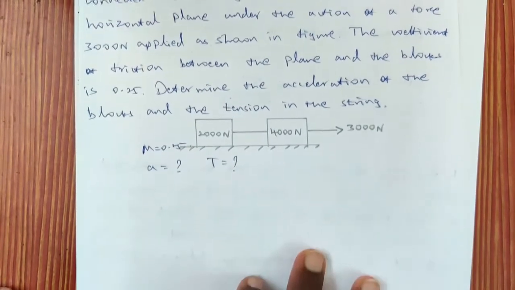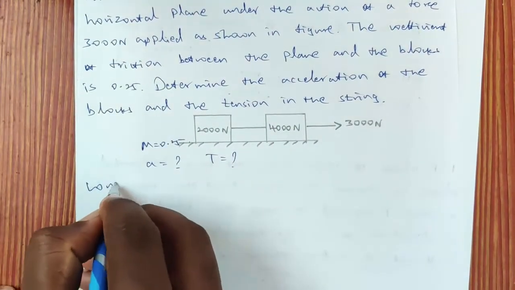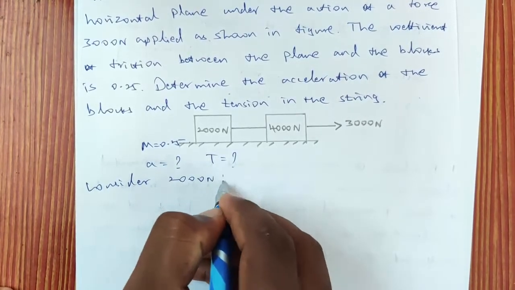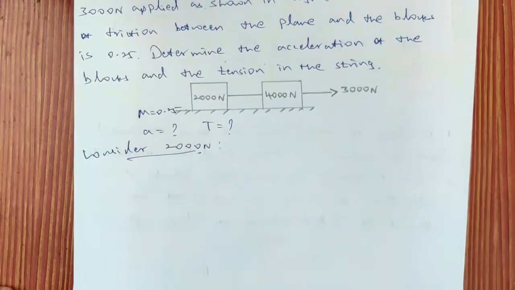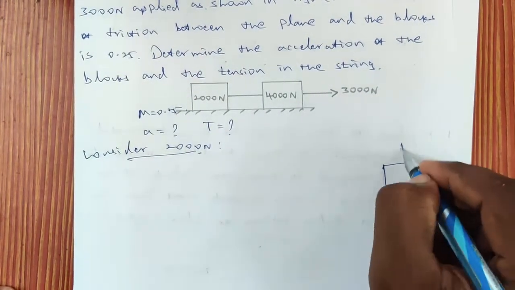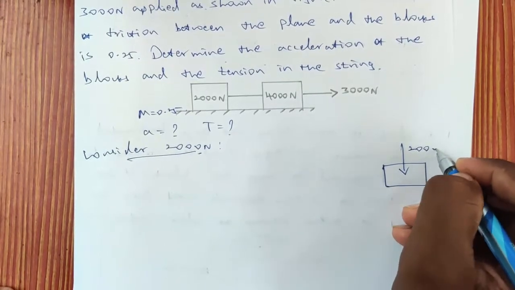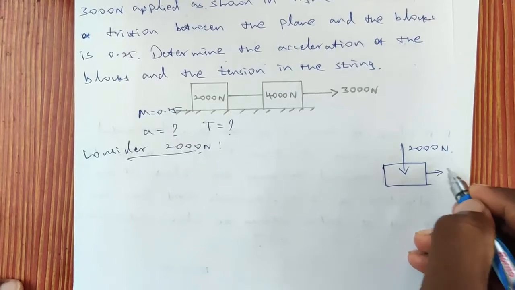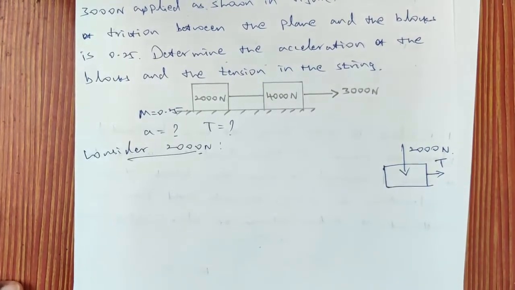Okay. So first let us consider the 2000 Newton block. So we'll draw the free body diagram. The weight 2000 Newton is acting in the downward direction. The tension T is acting towards right side direction.